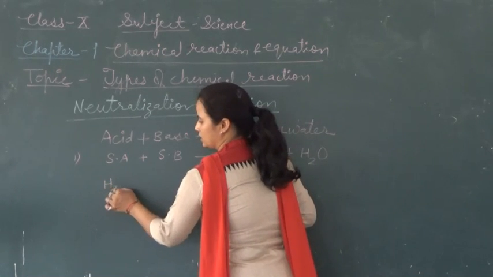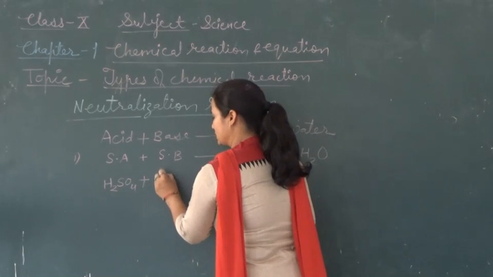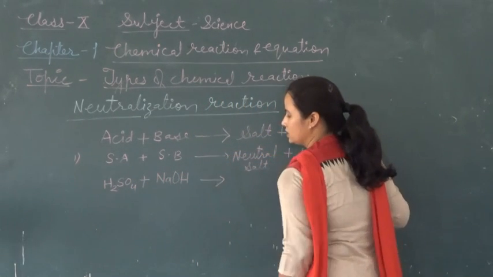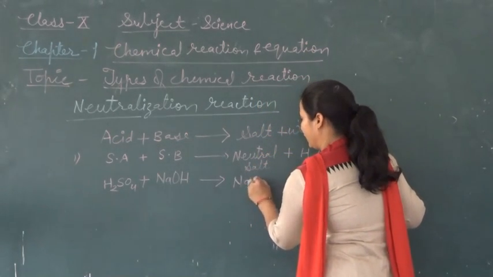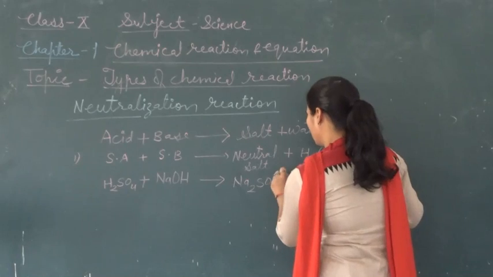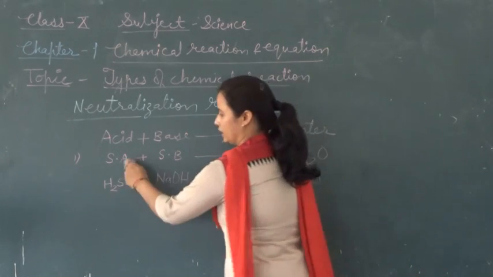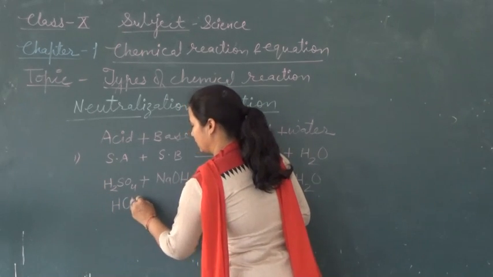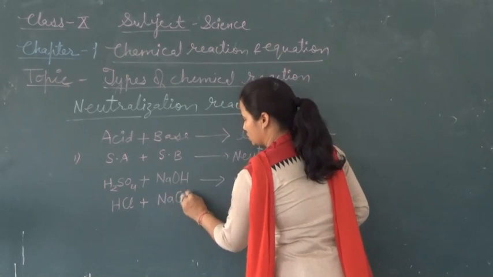Example of a strong acid: H2SO4, strong base: NaOH, a neutral salt that is Na2SO4 plus water. Or, in place of the strong acid, if we write HCl, the strong base is NaOH.